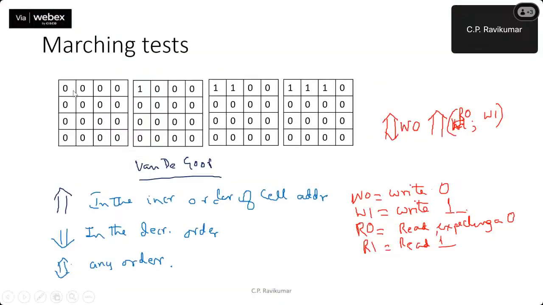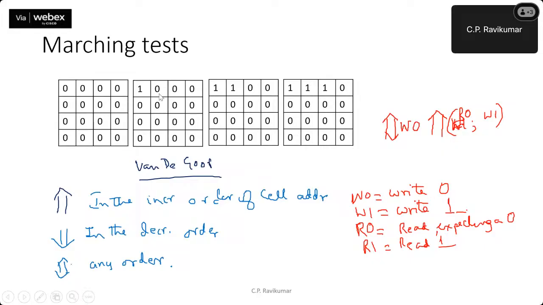So what it means is, after writing all the zeros, I go to this cell and I see whether it is still 0. If it is not, then there is a stuck at 0 fault, right? Then I write a 1. So that will cause a 0 to 1 transition on this particular cell, and it may disturb some of these cells because of coupling, right?